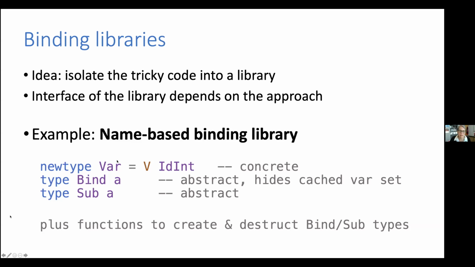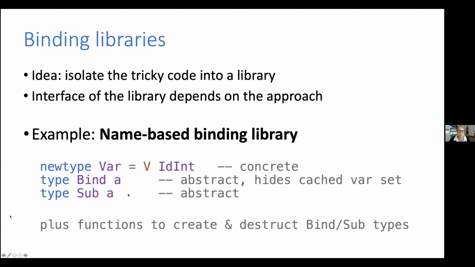But the binding library is going to keep the type bind as an abstract type, and this is important because, remember, part of our optimization was to be able to cache some information at the binder. By keeping this abstract, we can hide some cached information that is helping us implement substitution faster, but doesn't really affect the semantics.